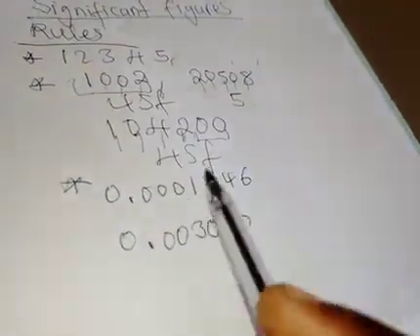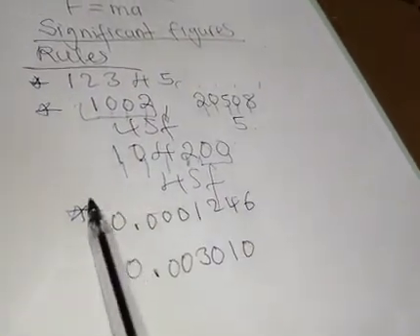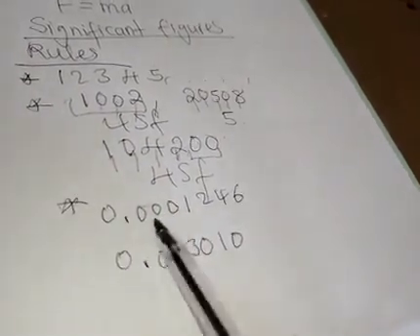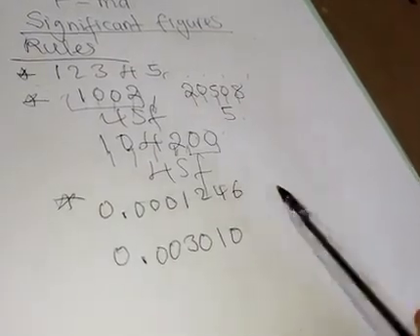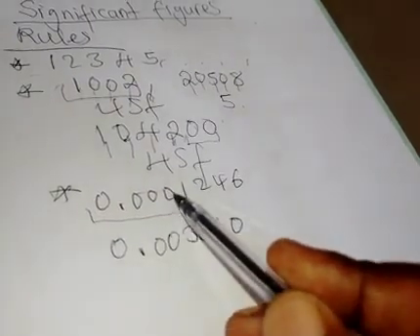If a number has a decimal point like that, then these zeros on your left, before any other non-zero number, are not significant.